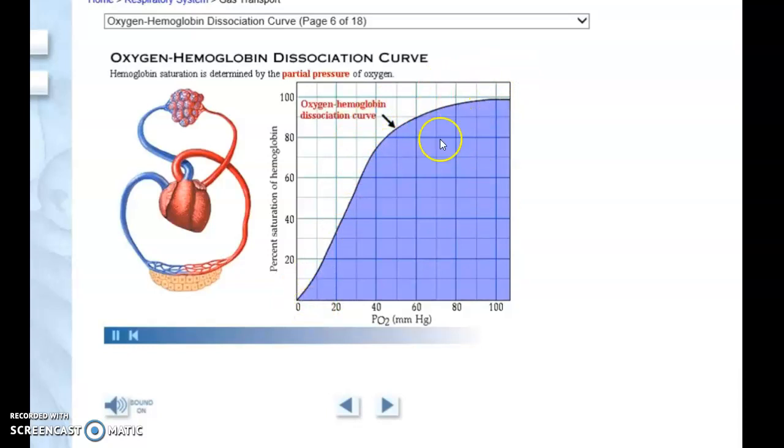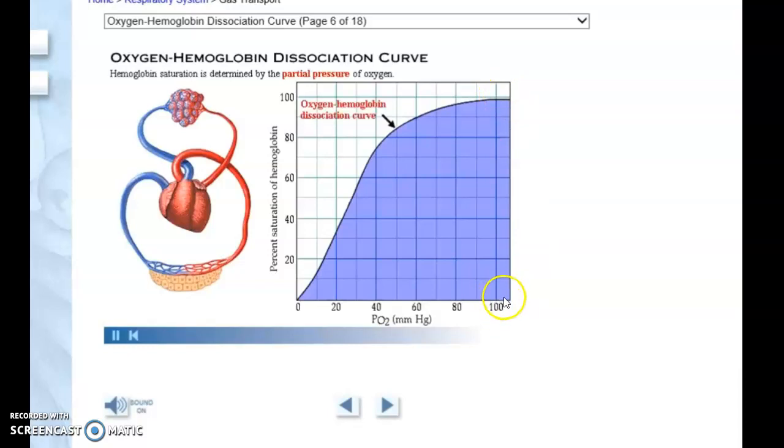So when we look at this graph, it is an S-shaped curve. We're never quite 100% saturated, but if we're right at this point, where the partial pressure of oxygen is above 100, then we can get to almost 100%, about 98% saturation.